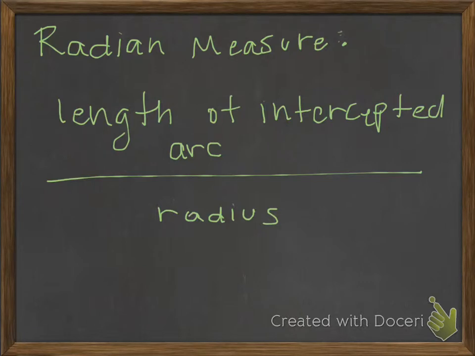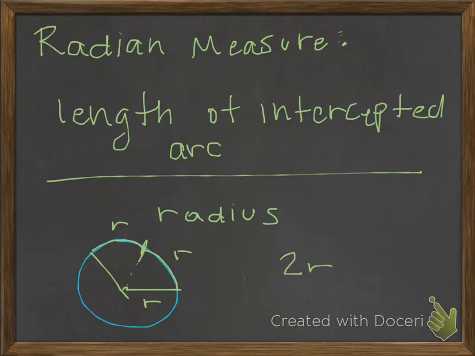So to go back to that picture we had just drawn, here's my circle and here's my length r. Imagine here's 1 radius, and then I laid it down again, and there's another r. And now I close this in. So the length of the intercepted arc is 2r, divided by the radius. So this would be a measure of 2 radians.